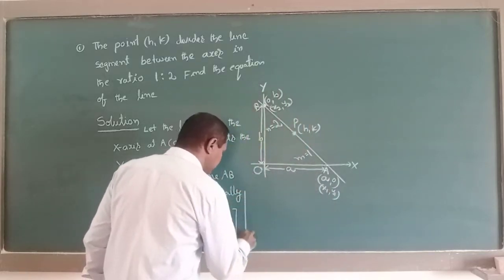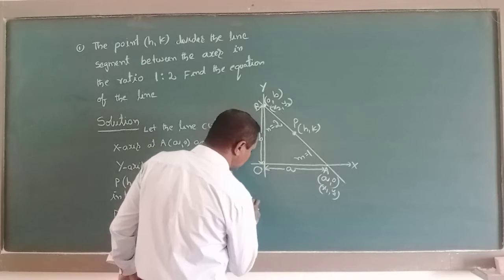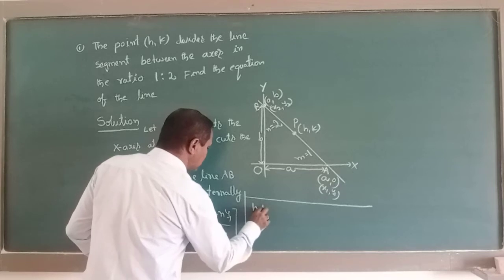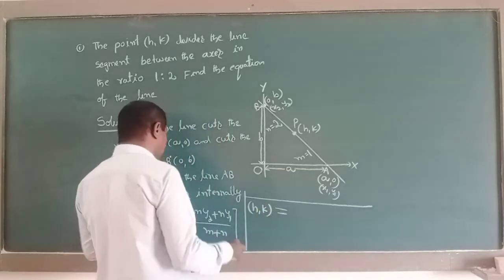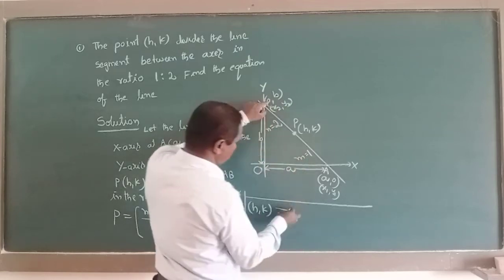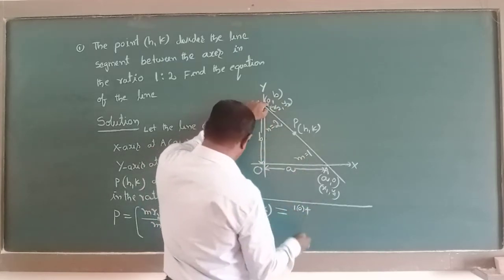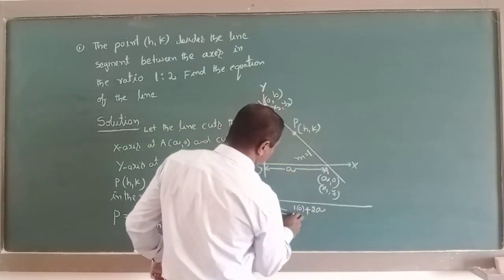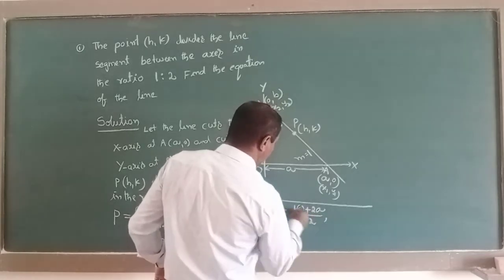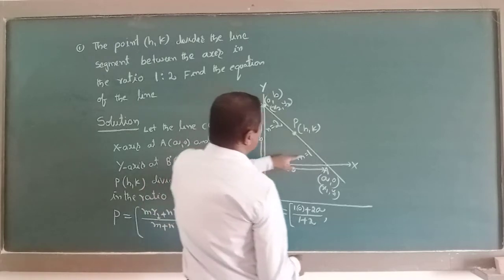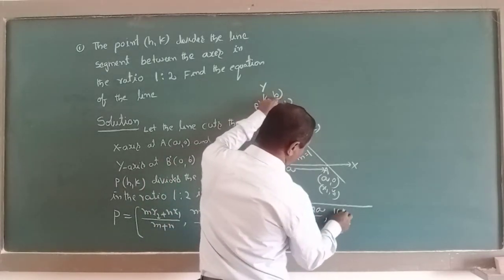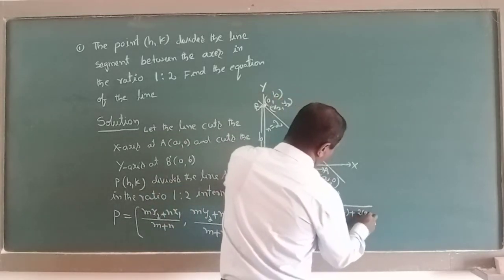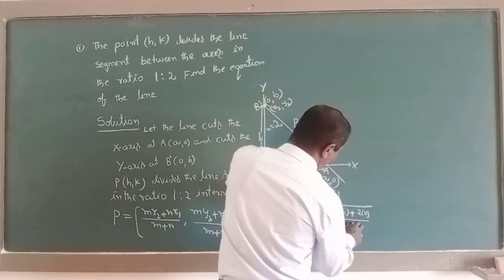Here you can write h comma k is equal to mx2 plus nx1, that is 1 into 0 plus 2 into a, whole divided by 1 plus 2, comma my2 plus ny1, that is 1 into b plus 2 into 0, whole divided by 1 plus 2 here.